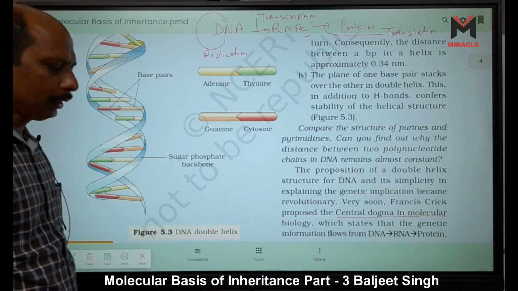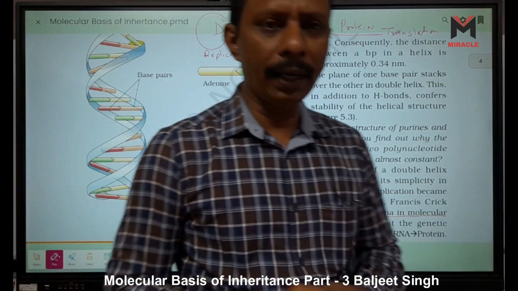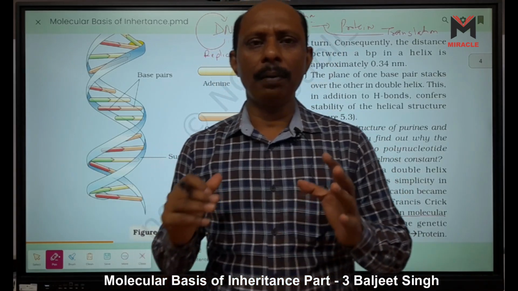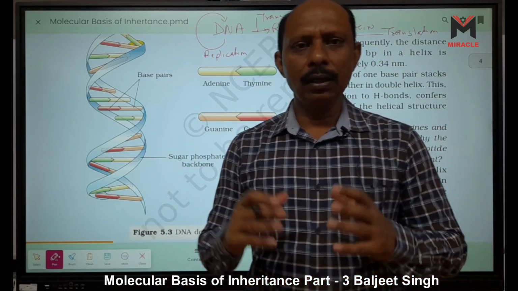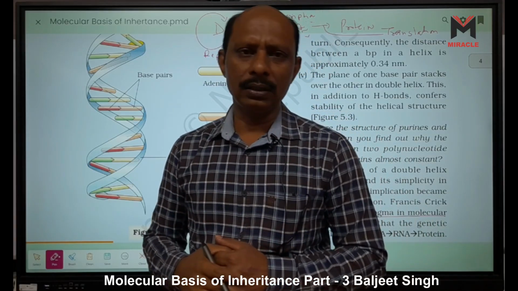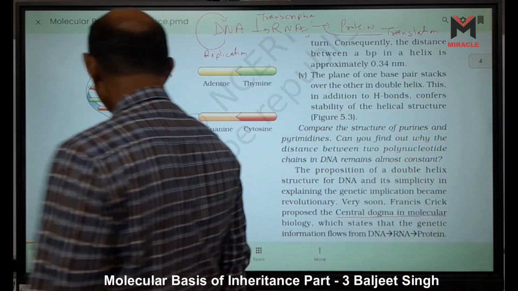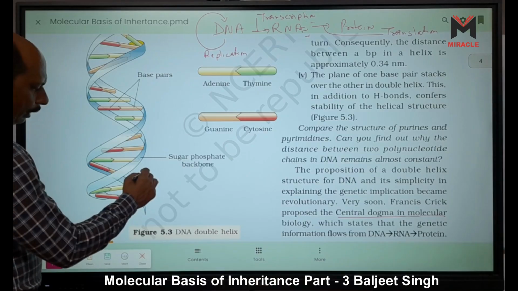Second, in the case of some viruses, which virus am I talking about here? This virus is retrovirus. Retrovirus means retro comes from reverse transcriptase. Look here. Sometimes what happens here?